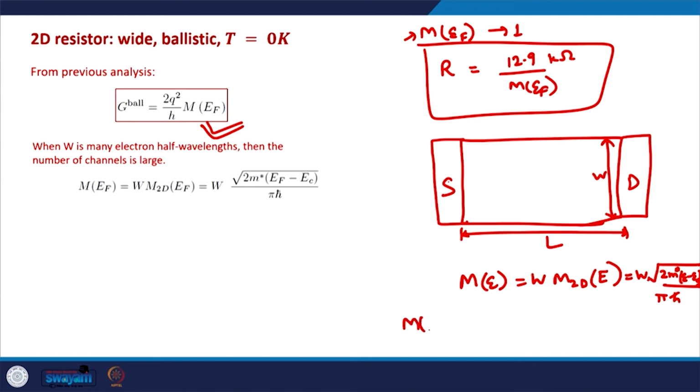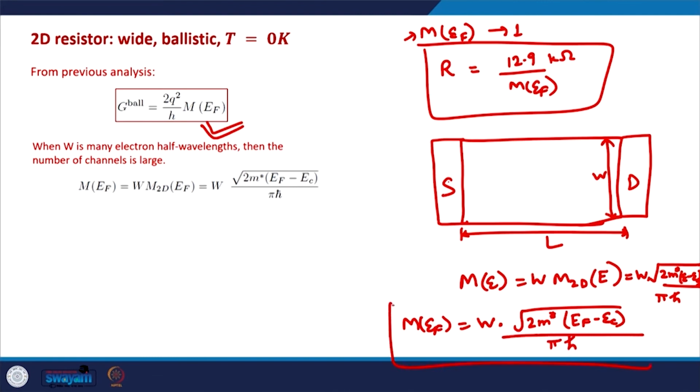So, this M(EF) will be W times square root of 2 m star (EF minus Ec) divided by pi h bar. So, that is one way of calculating the number of modes, and if we put this expression in the expression for conductance, we will obtain the conductance of the material.